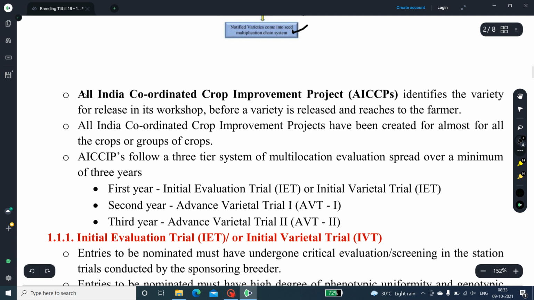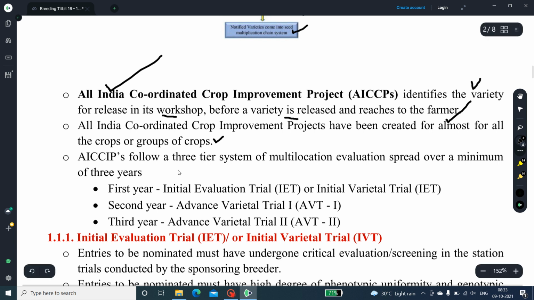Now we can see the All India Coordinated Improvement Projects that identify the variety for release in their workshop before the variety is released and reaches the farmers. The All India Coordinated Crop Improvement Projects have been created for almost all crops, not only the agriculture crops but also the horticulture crops.